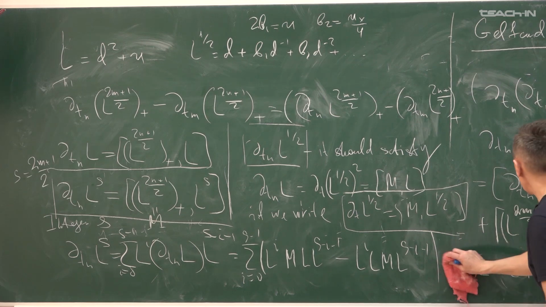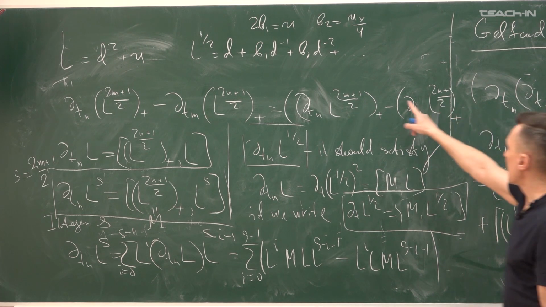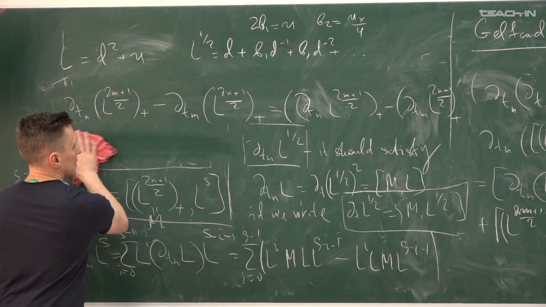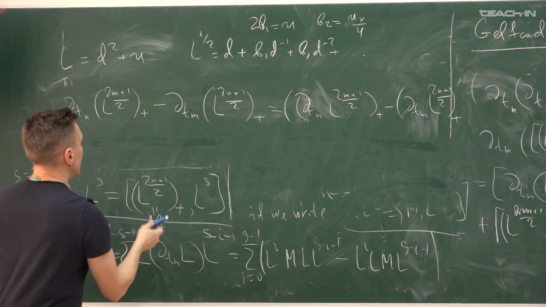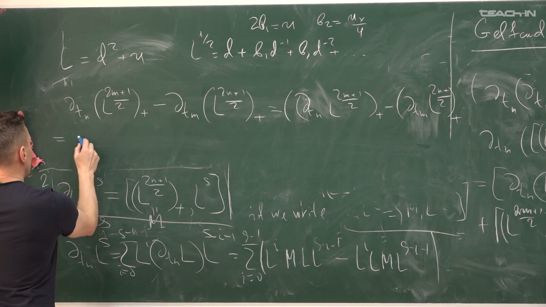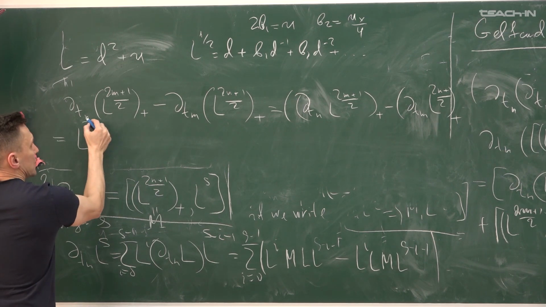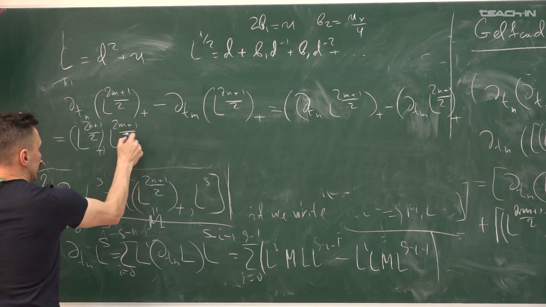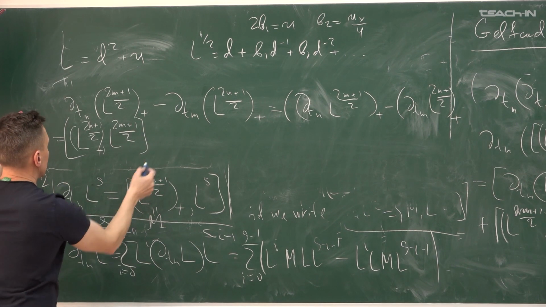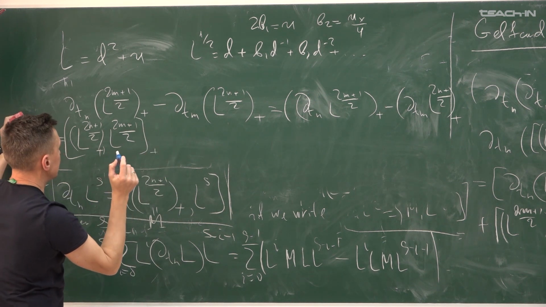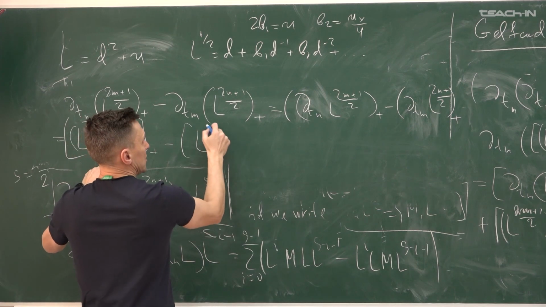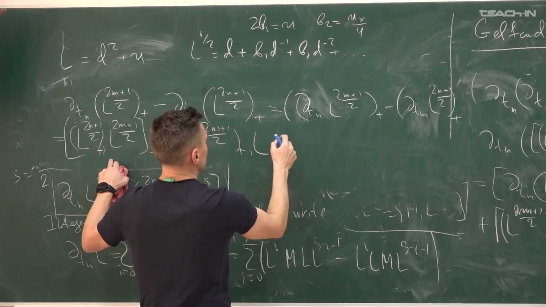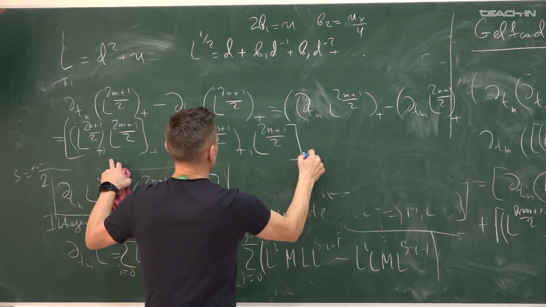I'm sorry, I stopped here, and so now I will use this formula, and this is the commutator of L^((2n+1)/2)_+ with L^((2m+1)/2), minus the commutator of L^((2m+1)/2)_+ with L^((2n+1)/2).